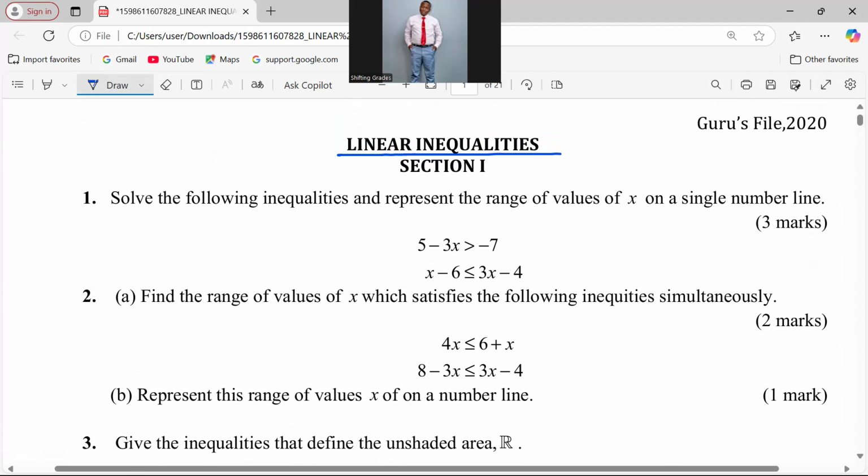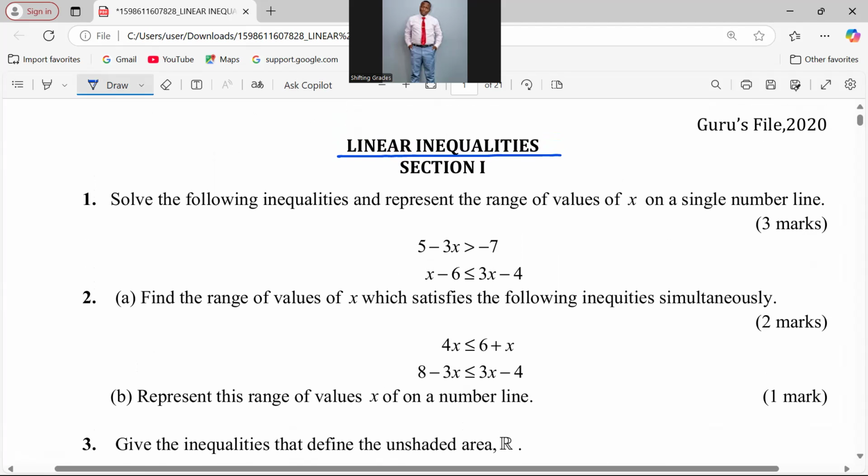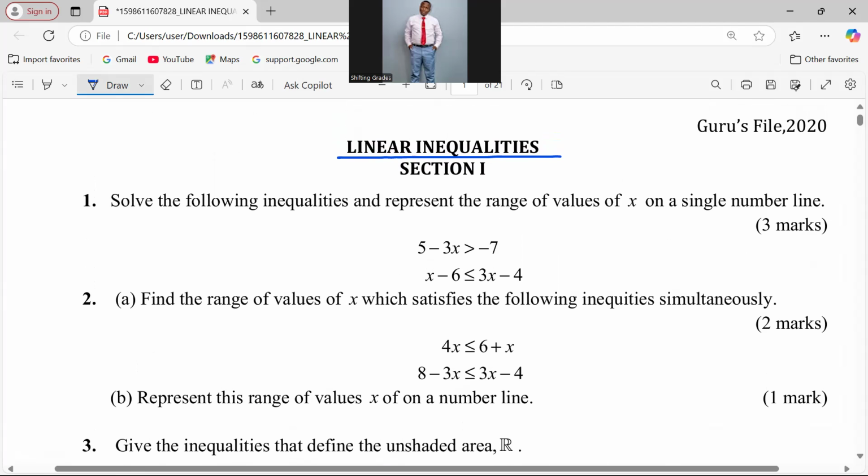So number one, we are asked to solve the following inequalities and represent the range of values of x on a single number line. These are two inequalities. The first one is here, that is inequality 1. Then we have inequality 2 here. The first one is 5 minus 3x greater than negative 7.